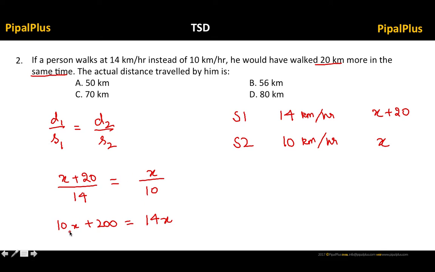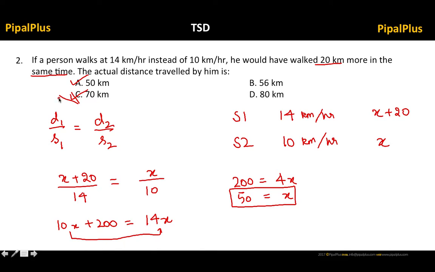So I'll bring this 10x here and it will be subtracted from 14x. So my left hand side remains 200 and my right hand side becomes 14x minus 10x, which is 4x. So I get x equals 200 divided by 4, which is 50, right? So the original distance that the man covered at 10 kilometers per hour was 50 kilometers, 70 being the distance covered in the second situation when he walks at 14 kmph.